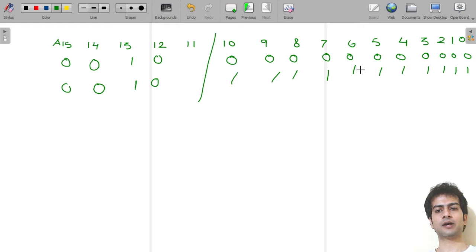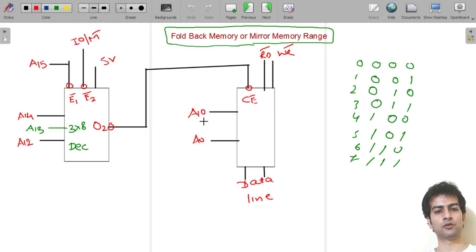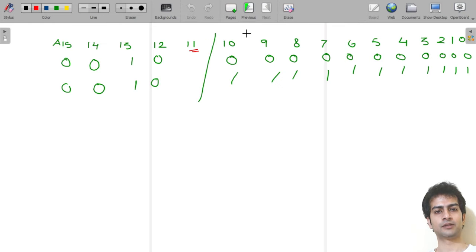See, now you will say that all are completed and now we will find the range. No, all are not completed. See, A11. Do we have any information of A11 in this diagram? No, we don't have any information of A11 in this diagram. Then what can we do with A11?